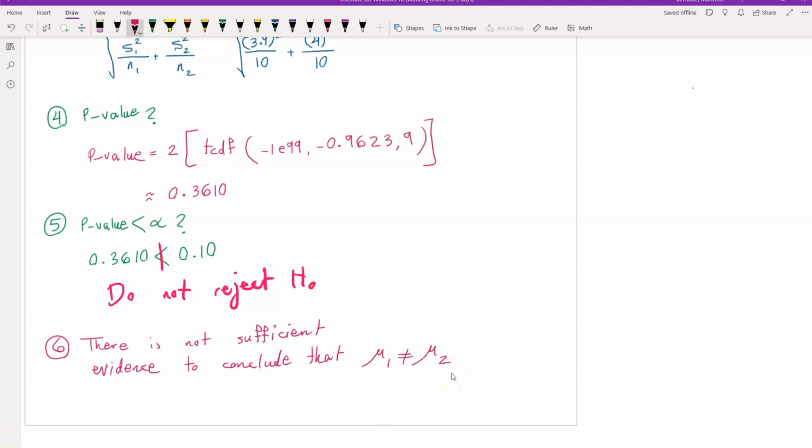So here in step 5 we have do not reject. That's why here in step 6 I had there is not sufficient. If in step 5 we had reject, here in step 6 we should have there is sufficient. But here in this case we have there is not. So this one was part A.